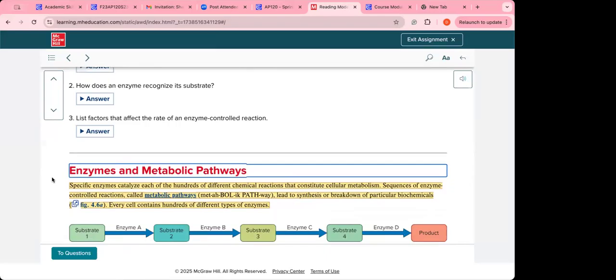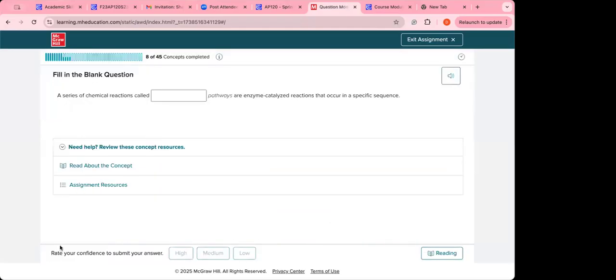Specific enzymes catalyze each of the hundreds of different chemical reactions that constitute cellular metabolism. Sequences of enzyme-controlled reactions called metabolic pathways lead to synthesis or breakdown of particular biochemicals. So metabolic. Good.